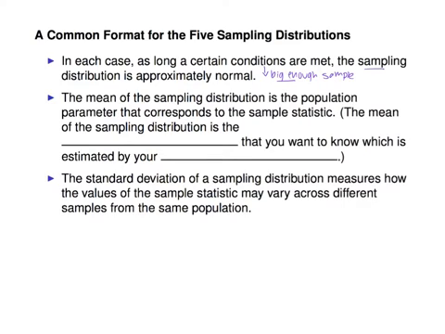And the sampling distribution is a little bit tricky, but what it's looking at is how much samples of this given size are going to vary. Okay, so the mean of the sampling distribution is the population parameter that corresponds to the sample statistic. So the mean of the sampling distribution is the parameter that you want to know, and it's estimated by your statistic.